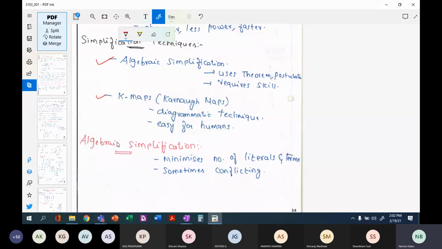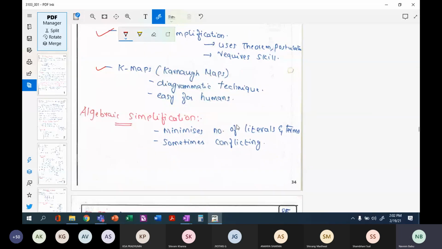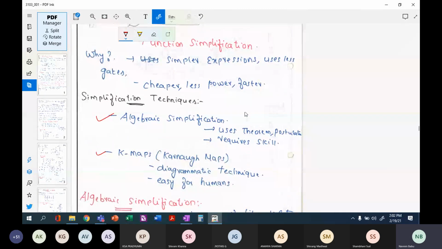Now, when you consider the algebraic simplification, all you need to know is how many literals are available. And before that, what is your main objective in the complete simplification technique? The main objective in the complete simplification technique is to reduce the number of literals. Right? You must reduce as many literals as possible. Only then your design will be approved.